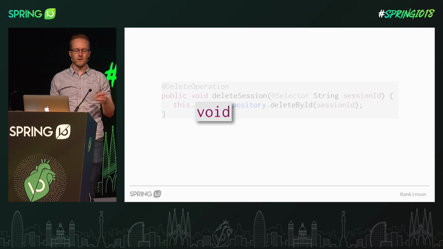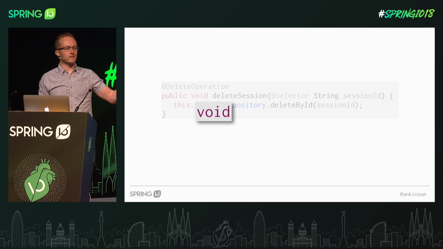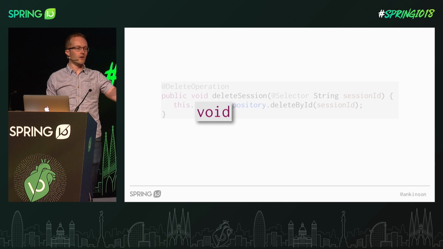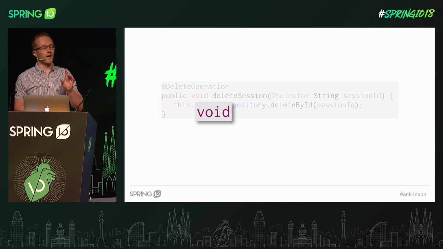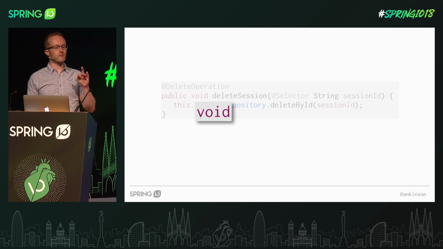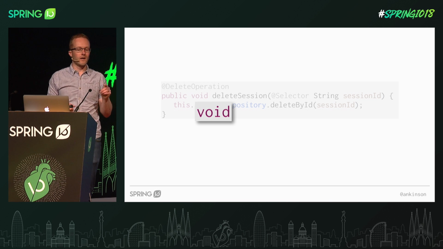All of the others, when you are accessing the report of the sessions or a descriptor for an individual session, they'll be mapped to an HTTP 200 response, unless you return null. If you return null from an operation, then that will get mapped to an HTTP 404 automatically for you.